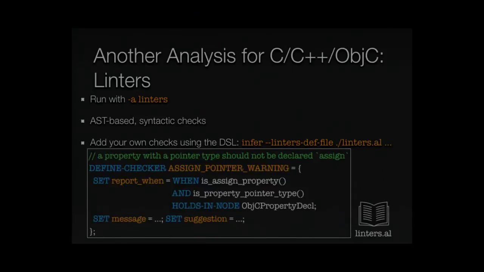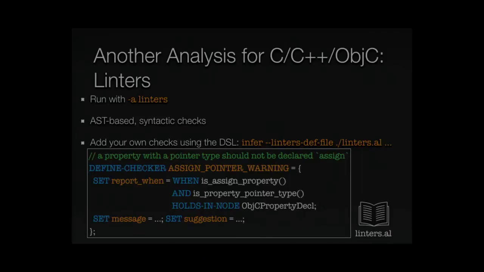And I wanted to just show what one of these checkers can look like. So this is a checker, apparently in Objective-C. A property with a pointer type should not be declared assign, whatever that means. And so the checker for that is just this struct that says when to report, what message to report when the checker triggers, and a fix suggested, for instance.